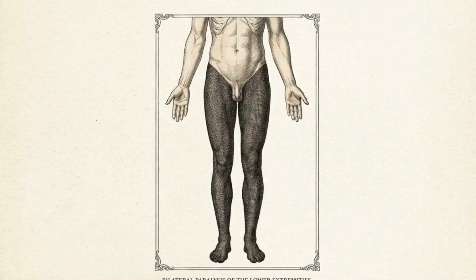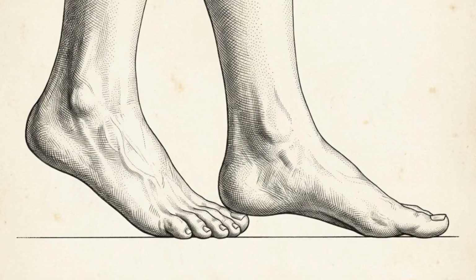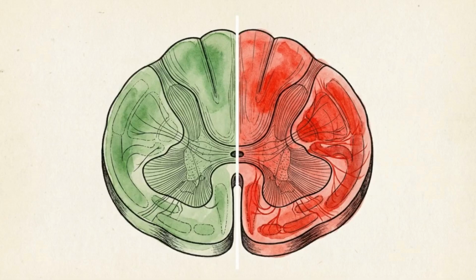The patient suffers bilateral paralysis because the ventral horns are dead, and a bilateral loss of pain and temperature sensation because the spinothalamic tracts are destroyed. But because the dorsal columns are untouched, the patient maintains perfect vibration and proprioception. The anterior-posterior axis perfectly segregates fine touch from pain and motor control, making these two syndromes precise clinical mirror images of one another.